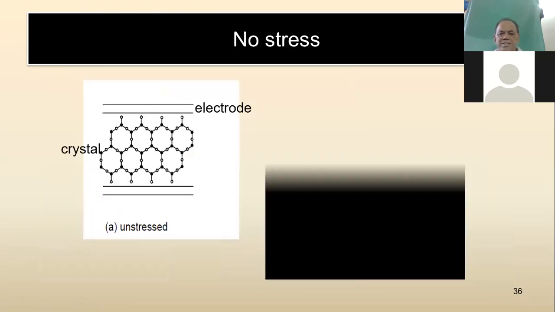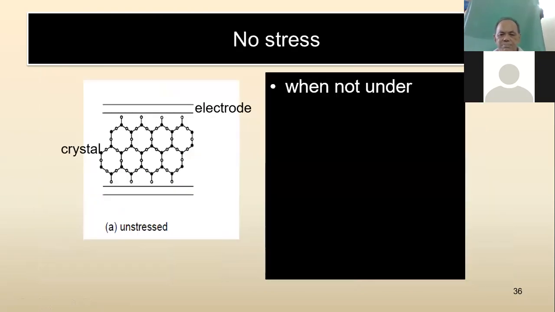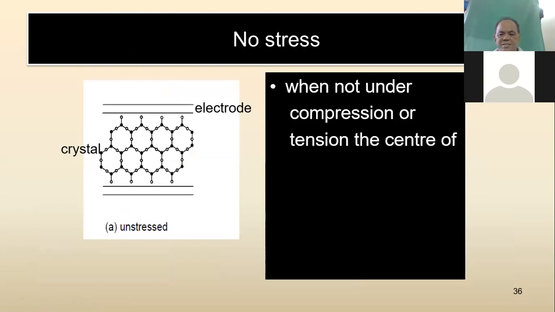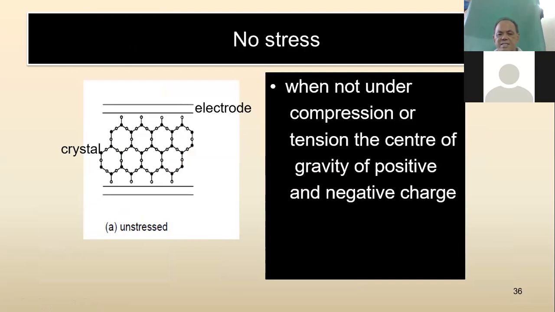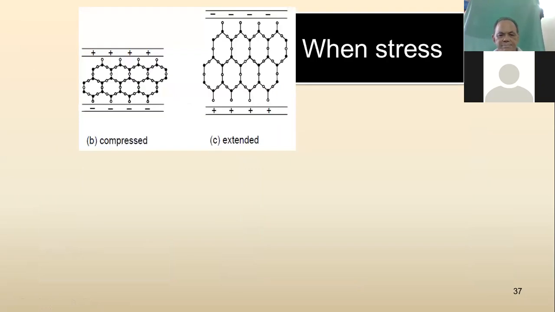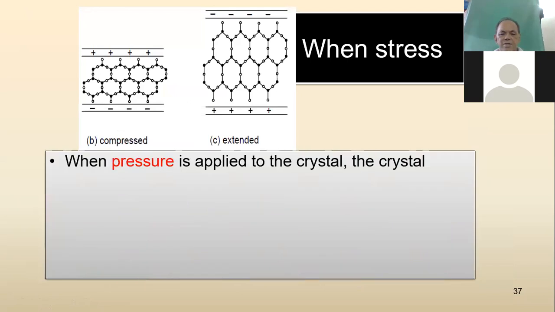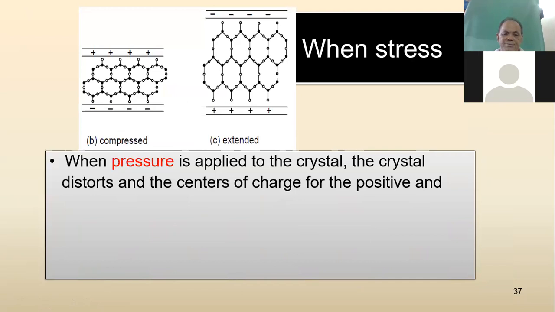When there's no stress, not under compression or tension, the center of gravity of the positive and negative charge coincide. Just to show you, unstressed, no PD across the crystal. When it's compressed, or when you apply pressure, the crystal is distorted.